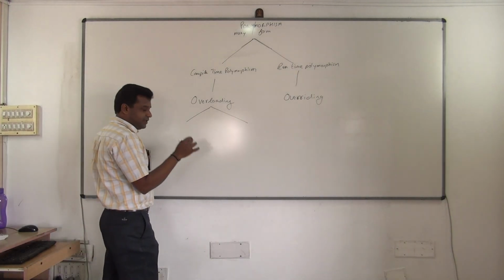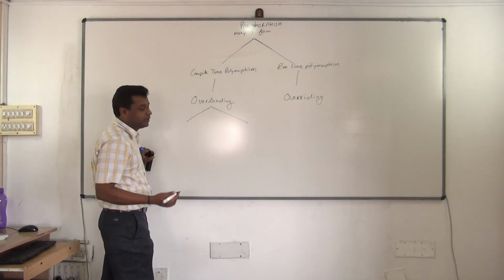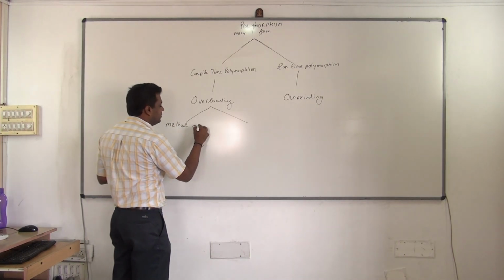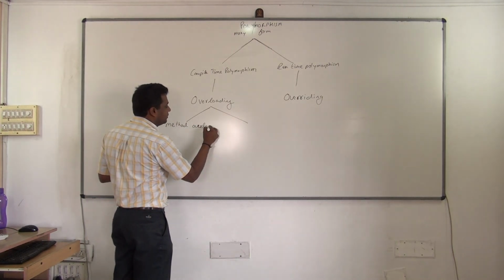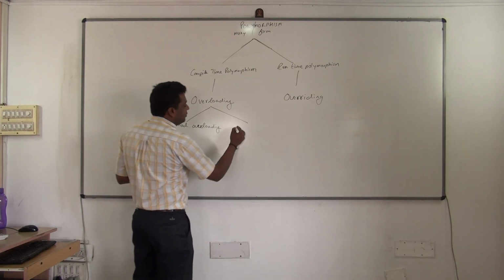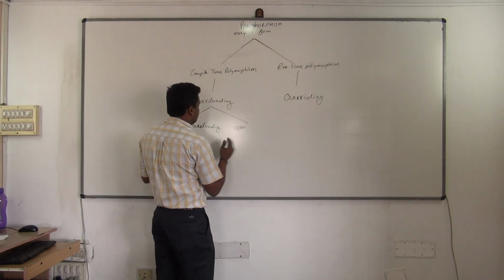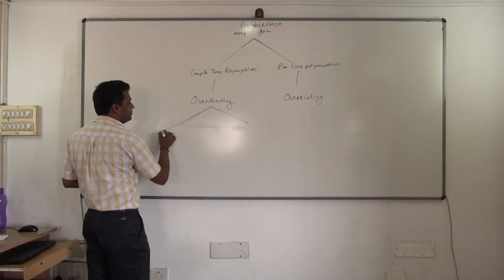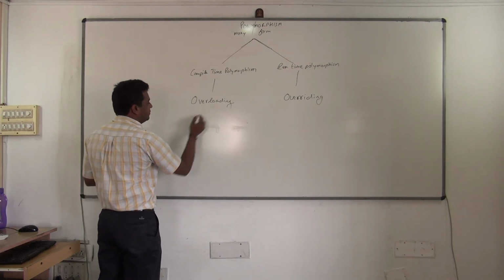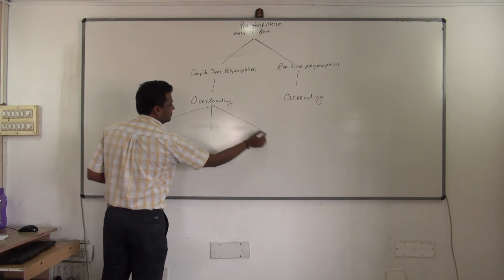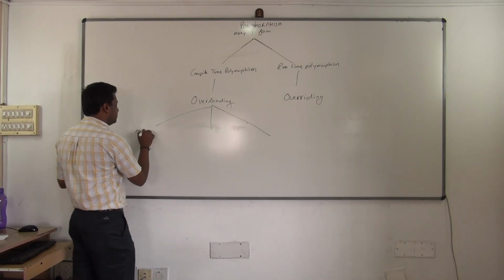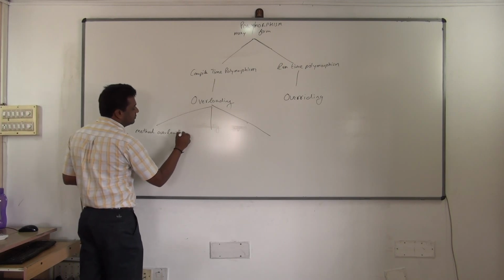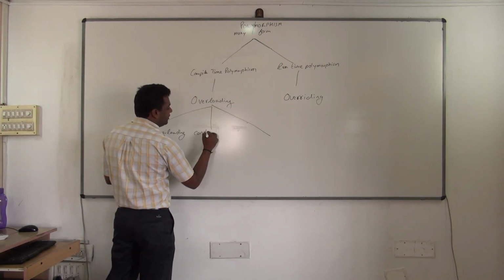Understood? Generally in OOPS, they talk like this. You can do method overloading, plus you can do operator overloading. Okay, I think we can take it as 3. Method overloading, constructor overloading.